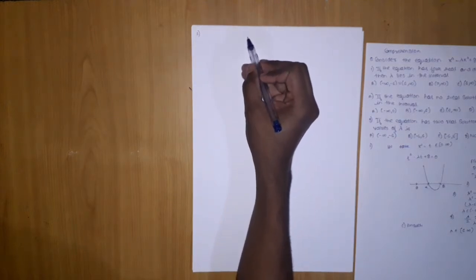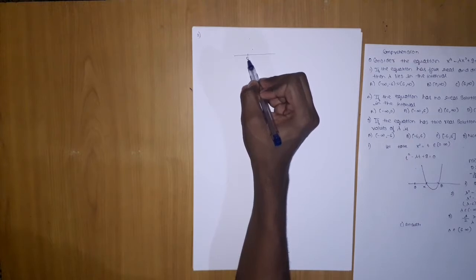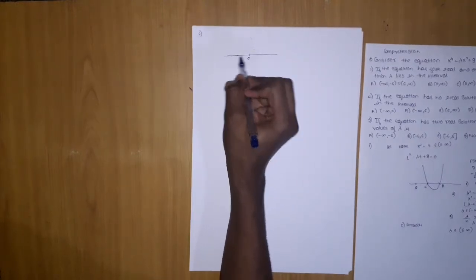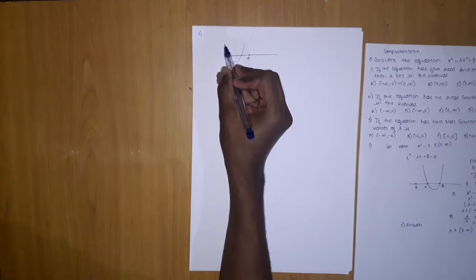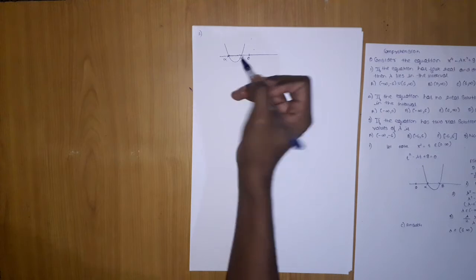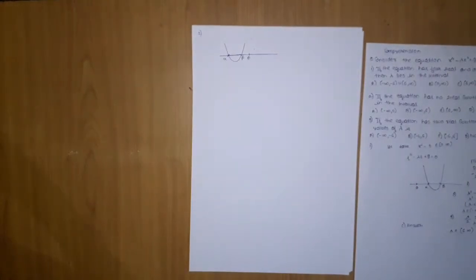If there are no solutions, then, as we have drawn, if both roots are before 0, there will be no solution, right? As the basic condition is that the roots should be after 0 to infinity, and now the roots are before 0.